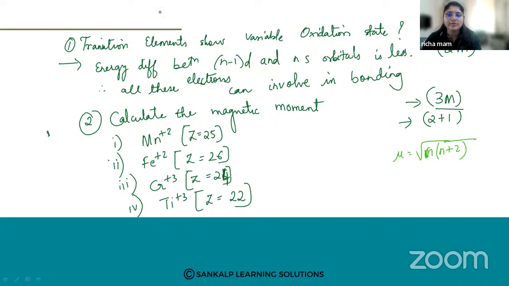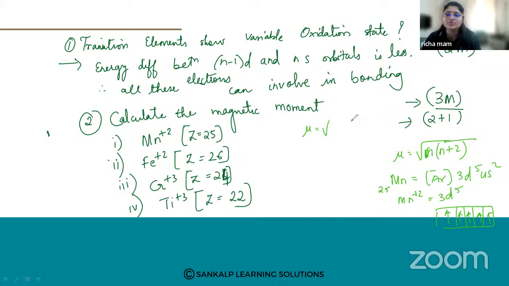What will be the answer for the first one? Mn plus 2. Mn is 25, so argon 3d5 4s2, right? 18, 19, 20, 25. So Mn plus 2 is 3d5. The number of unpaired electrons is 1, 2, 3, 4, and 5. So put the value n equals 5.